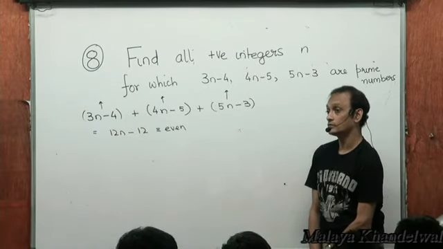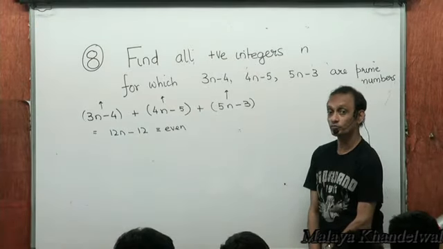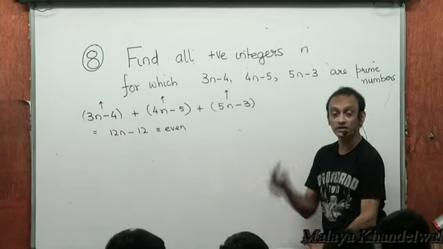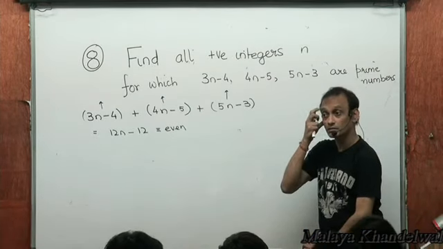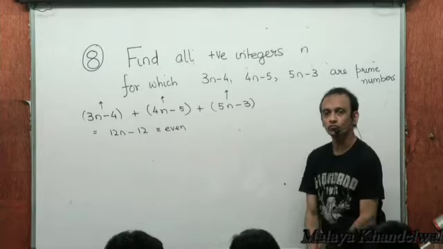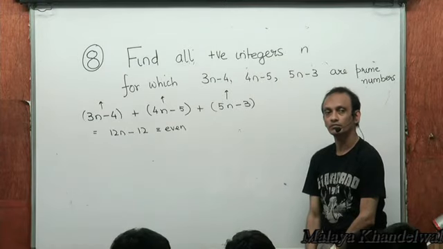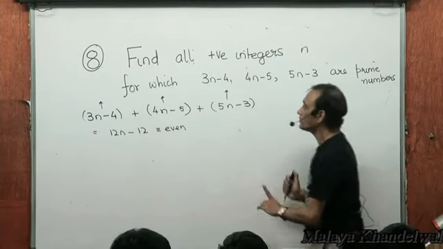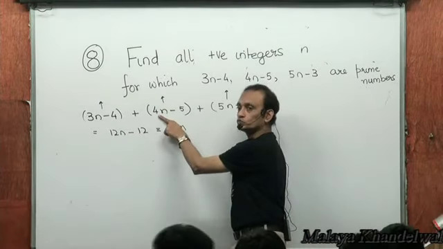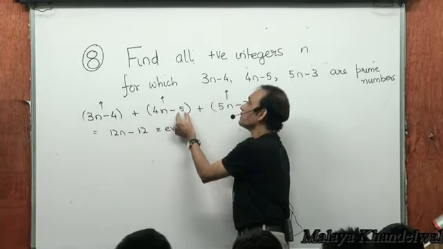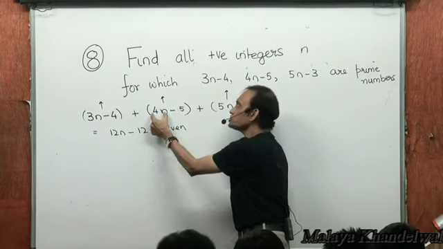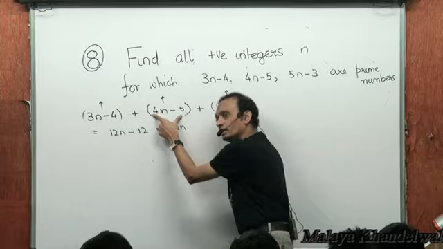So which of them would be even? Only one of them would be 2. Which one? See, this cannot be 2, because this is even minus odd, so it is odd.